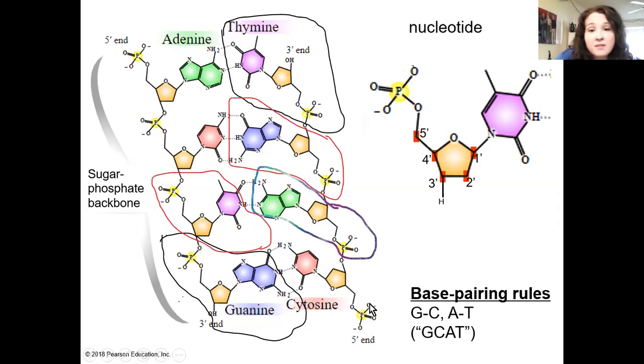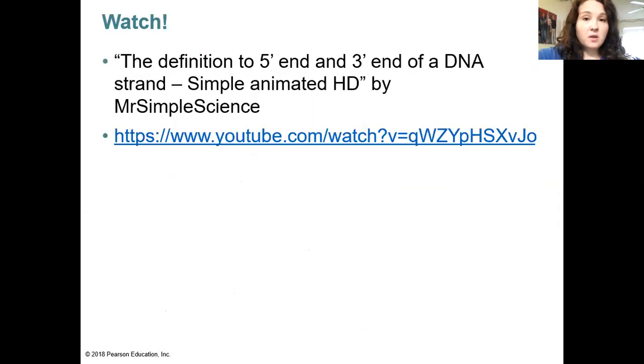And because of this opposite nature of DNA, we call DNA anti-parallel, because there's 5' to 3', and then 3' to 5' on the other side. The information flows in opposite directions. If you need or want a little more of a review, you can watch this animation from last time.